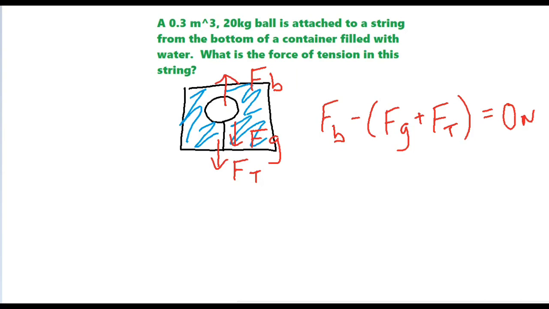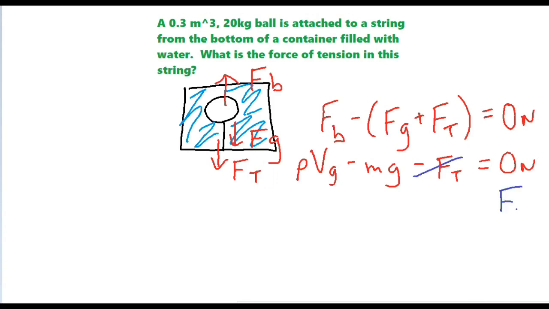Now, what we can do is break everything up into our formulas. We have rho Vg minus mg minus FT equals 0. And what I can do is I can go ahead and add FT to both sides. So I can have FT over here because I'm looking for the force of tension anyway.